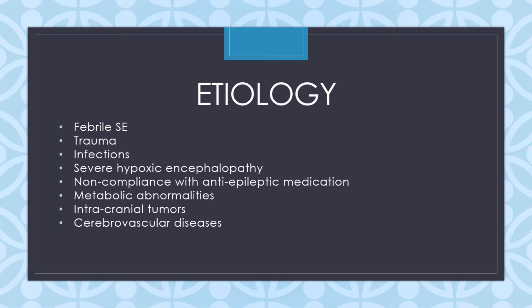In terms of the causes of status epilepticus, febrile status epilepticus is one, as well as trauma, infections, severe hypoxic encephalopathy, non-compliance with anti-epileptic medications for patients who have been diagnosed with epilepsy previously, metabolic abnormalities, intracranial tumors, and cerebrovascular diseases. These are a few of the causes I have listed. However, there are many other causes that can lead to status epilepticus in children.